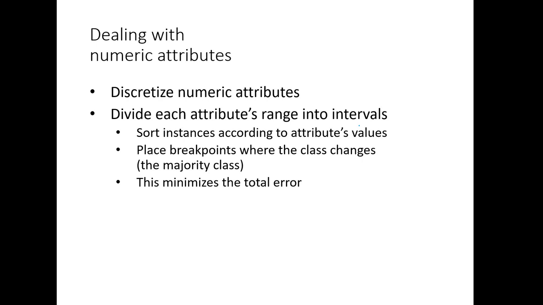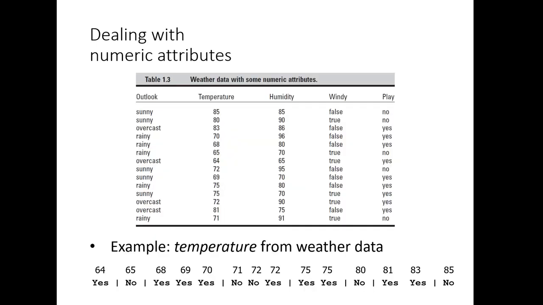We look at the attribute and the class label. And then we make breakpoints whenever the class changes. When class goes from yes to no, we know that here something changes, so we make a break. Right? And then we try to minimize the total error. So let's look at how we could do this.